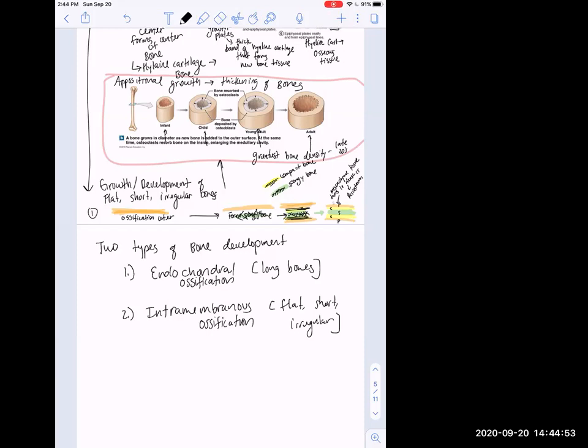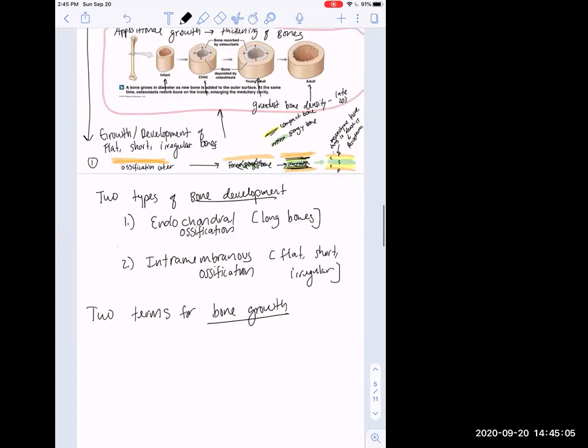Okay. And then you have two terms relating to bone growth, bones actually getting longer. I kind of interchanged these and didn't mean to. Number one, we have interstitial growth. Number two, we have appositional growth.